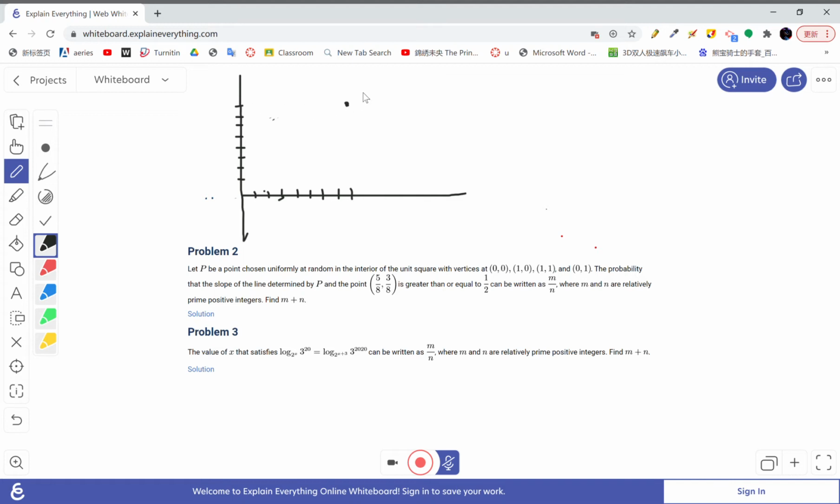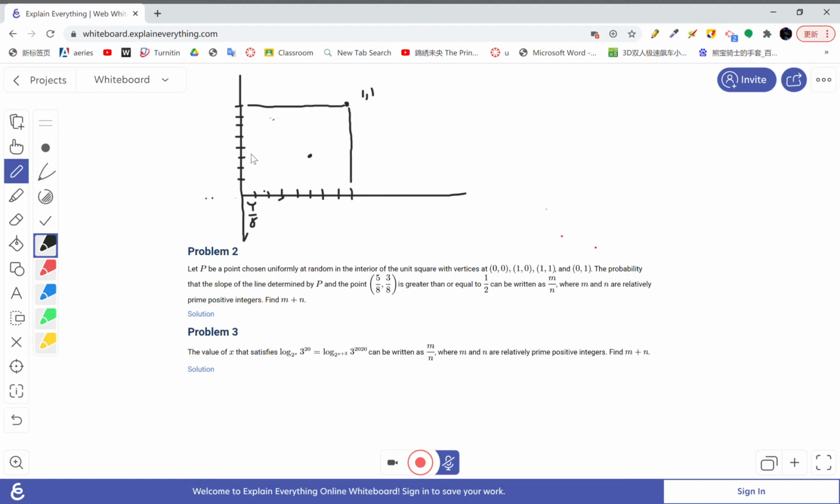So this is 1, 1, and each of these represents 1/8, increments of 1/8. The given point is 5 over 8, 3 over 8, which is here. Let's enclose this area to make it clear.